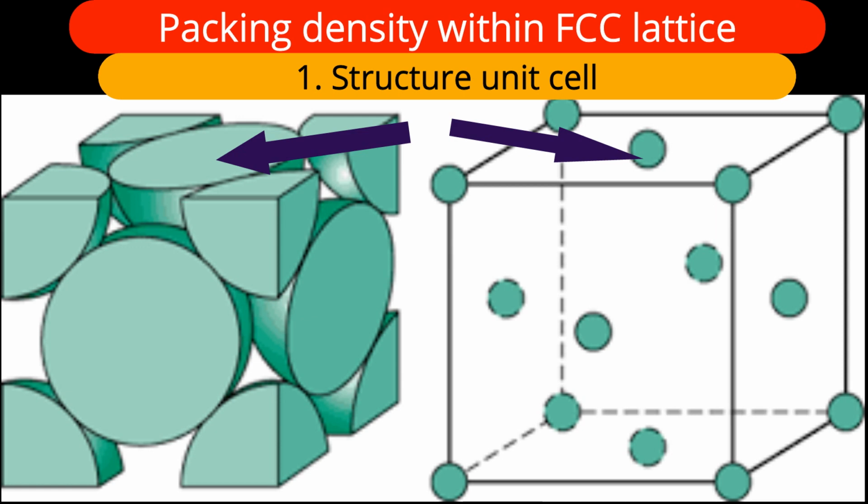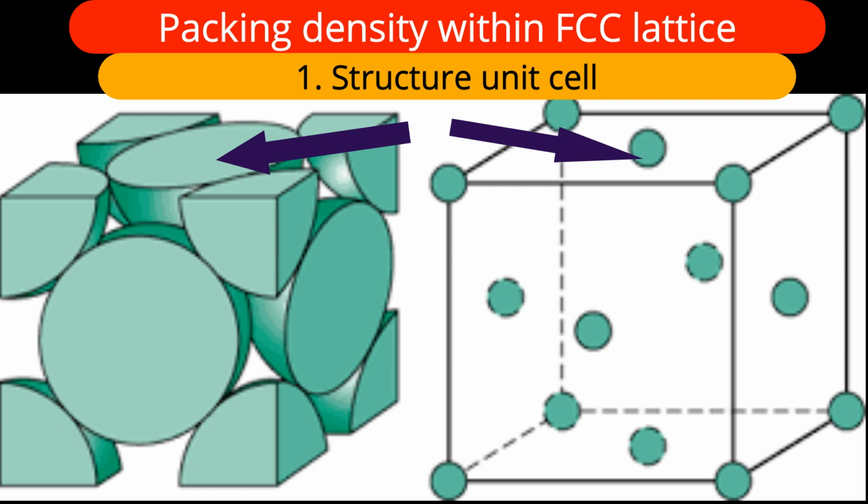In a general way, instead of representing large atoms, if I represent small atoms, then the structure will be represented as the right side diagram. At corners atoms are there and at the center of faces atoms are there. Don't misunderstand that atoms in true sense are so small. It is just for the sake of understanding.